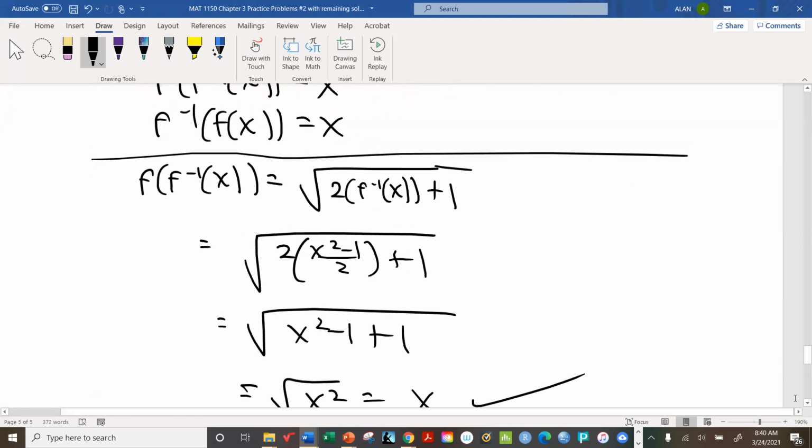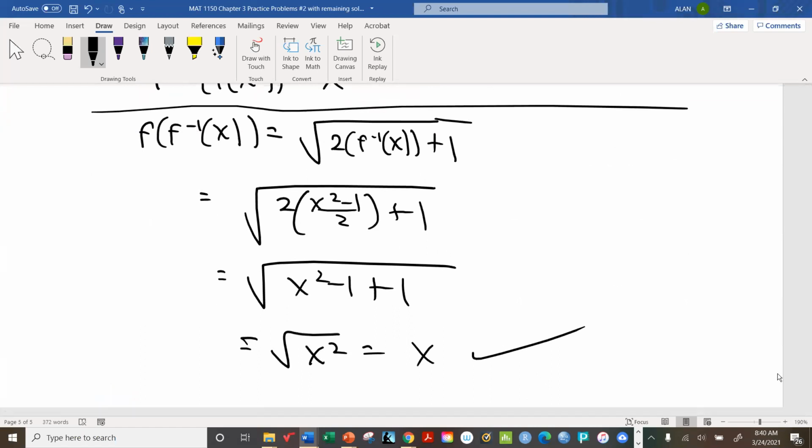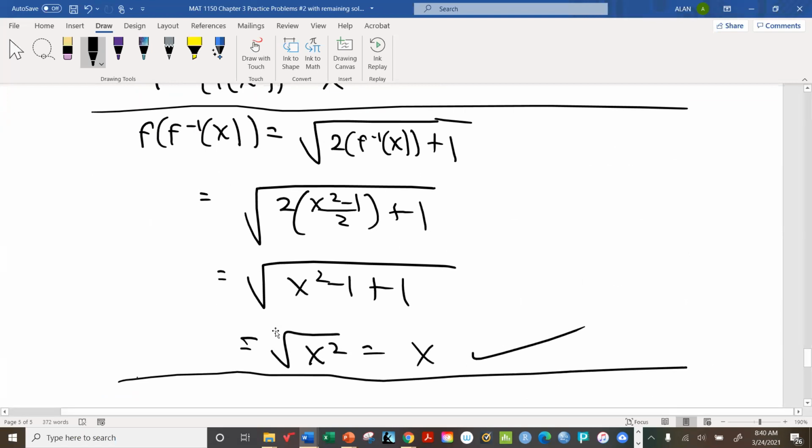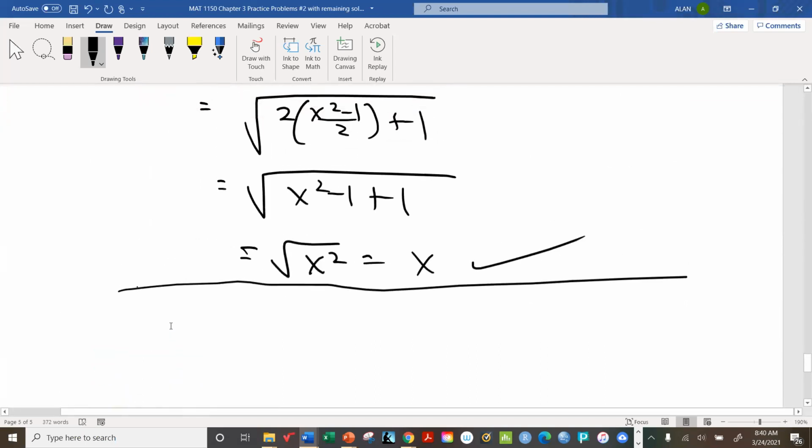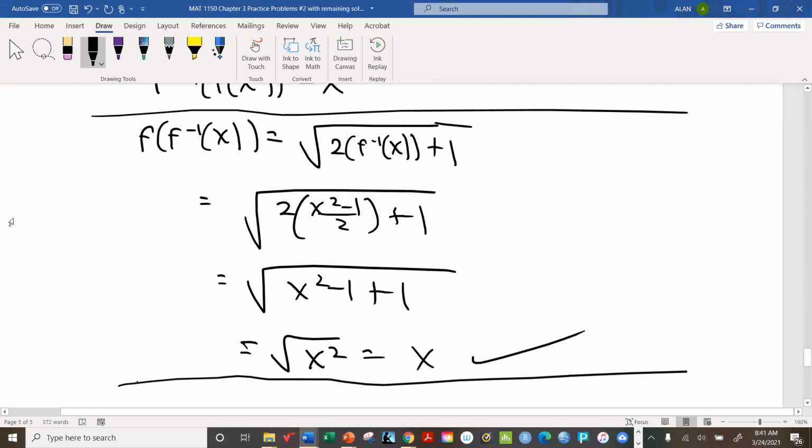Okay. But that's not enough, is it? No, we still have to prove the opposite condition, that f inverse of f of x is also equal to x. All right, so let's do that. And remember, if it doesn't say you must do this, then you don't have to do it, unless you just want to use it as a double check, and that's fine. In fact, I applaud that, but it's not absolutely necessary unless it says so.